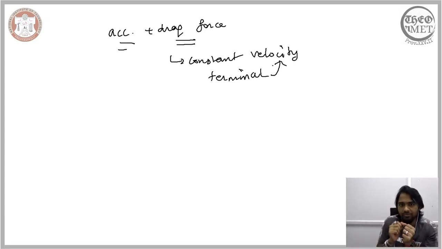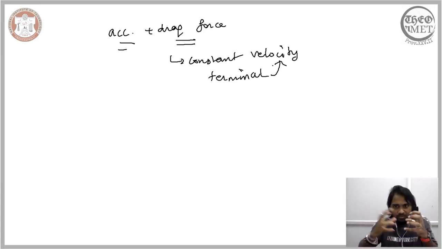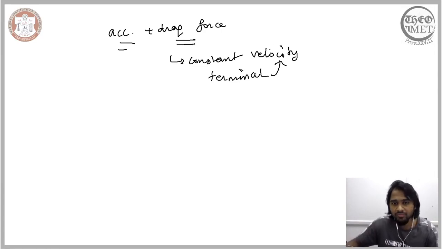This is what we refer to as the terminal velocity, and depending on the terminal velocity with which the particles pass through the medium, we are able to classify our particles. This is the principle behind the whole process of classification.